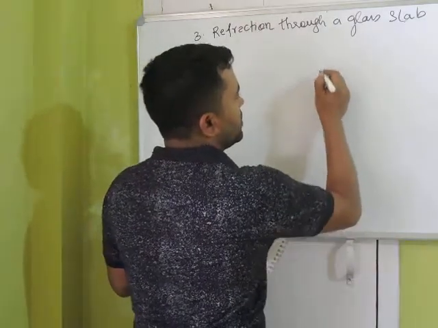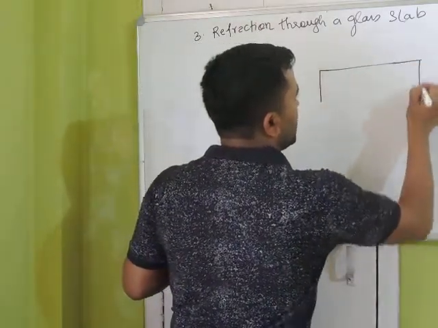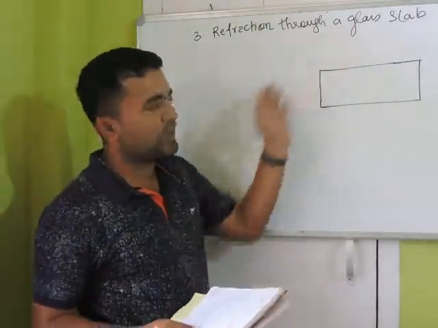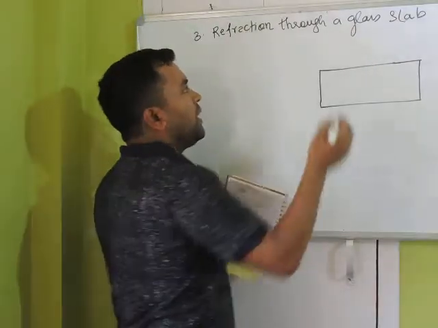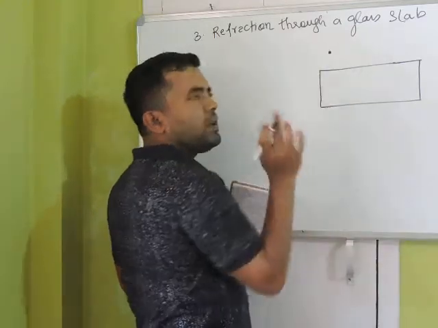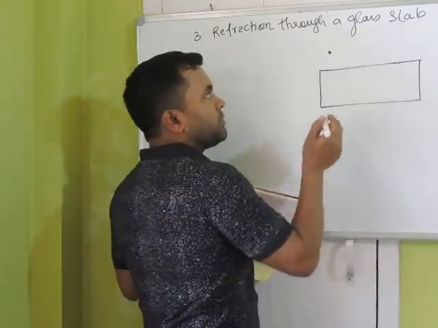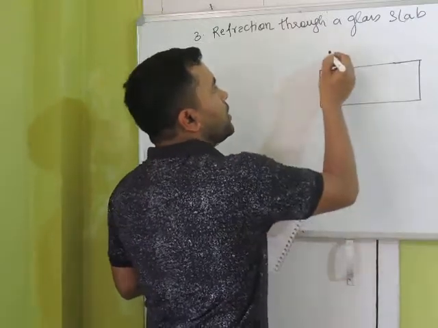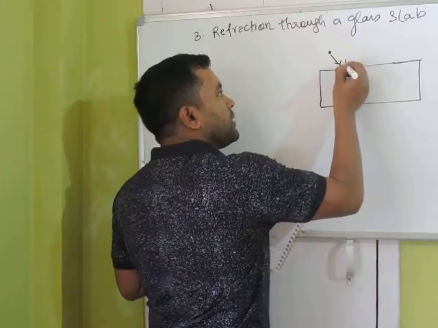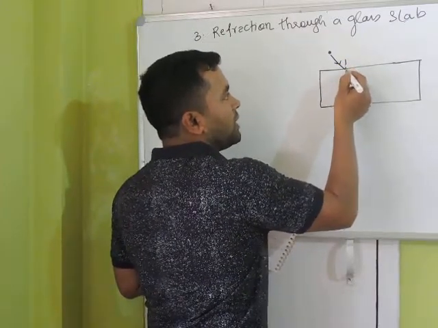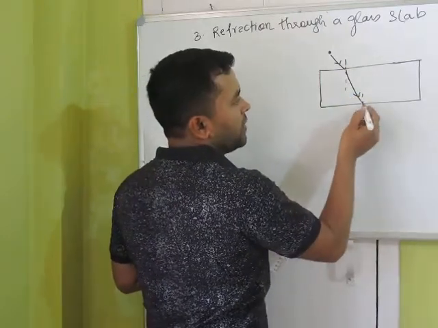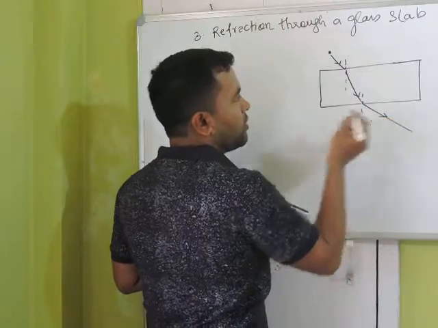Suppose this experiment you will do in your class 10 practicals. So suppose there is a glass slab, and suppose there is a pin or anything here, an object is here, and we take one ray like this. This is the normal, and then it bends towards the normal, and then it bends away from the normal.